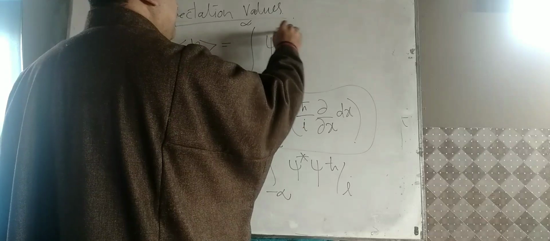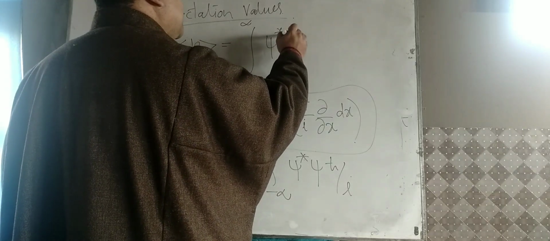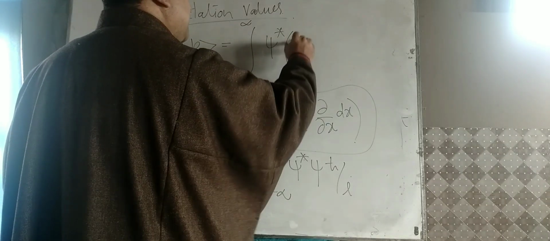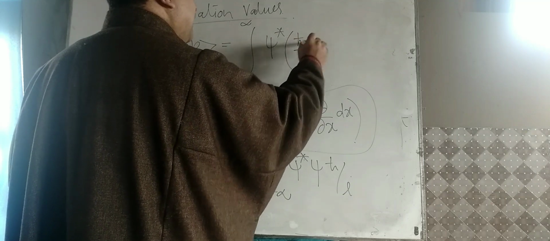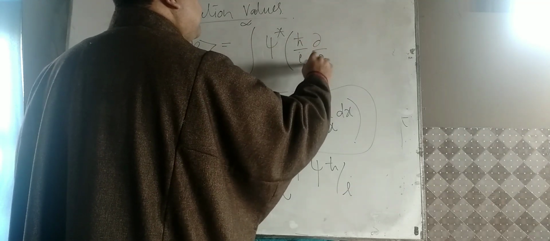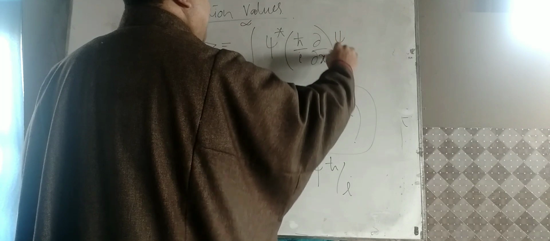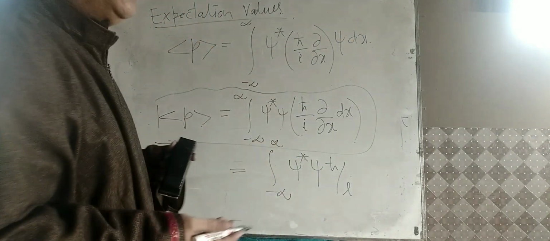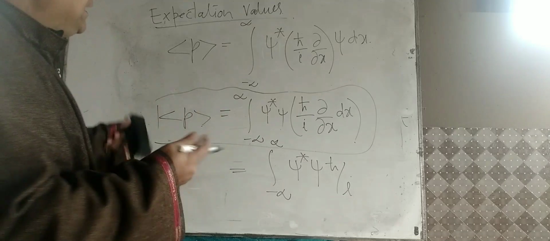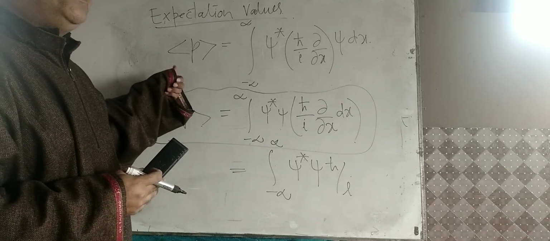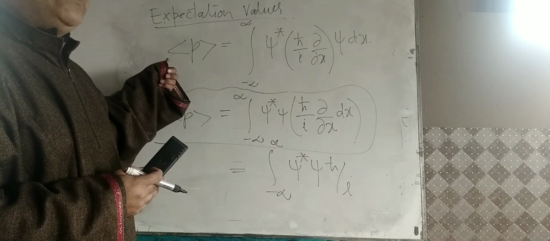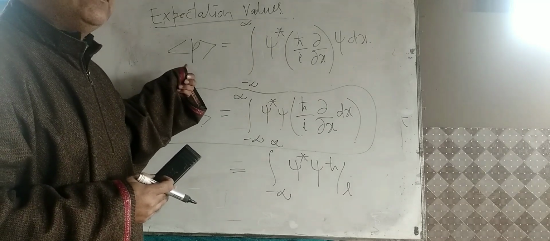So psi star, suppose this is a momentum operator, that is h bar by i, psi dx. Now this thing can be evaluated. On evaluating this thing, we will be in a position to calculate the expectation value of momentum, and the same thing is true for the energy.